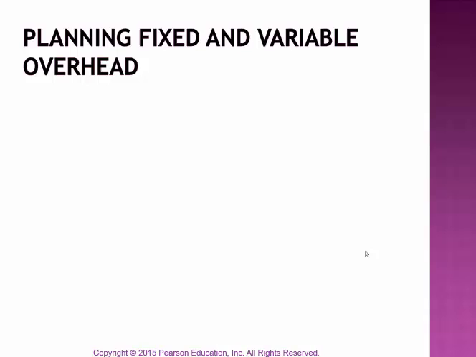Whereas our previous chapter focused on analysis of the direct manufacturing costs, our direct materials and direct labor, this chapter is going to focus on planning and variance analysis of our variable and fixed manufacturing overhead only.